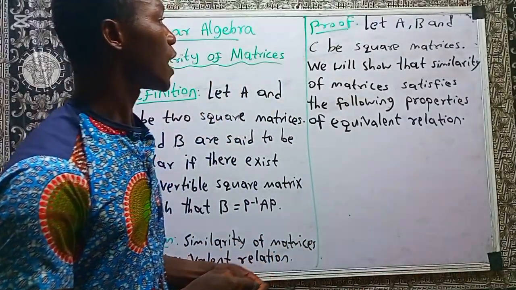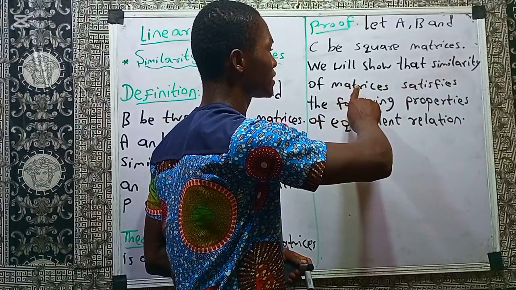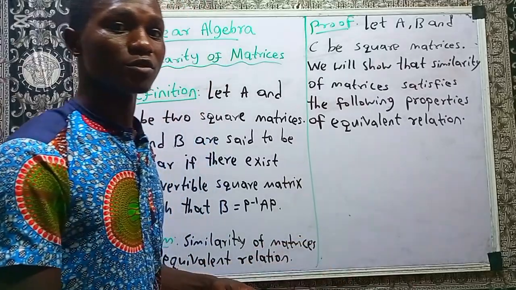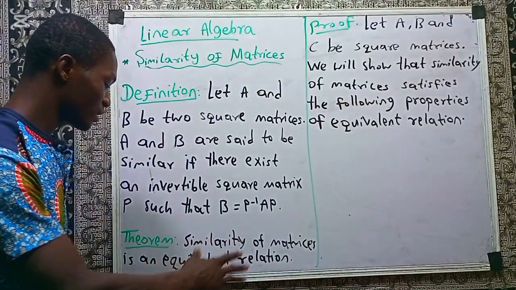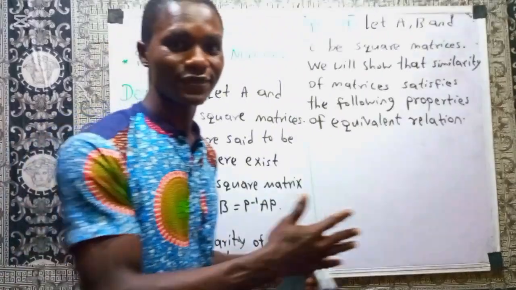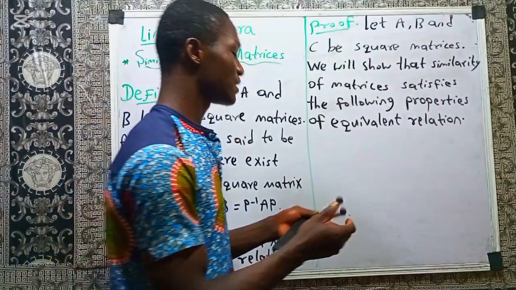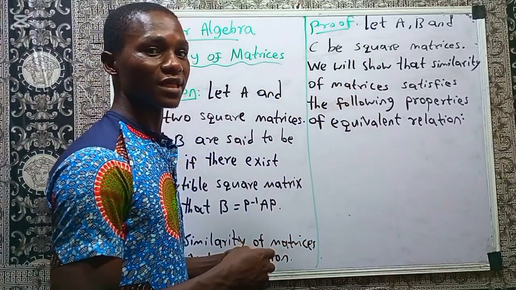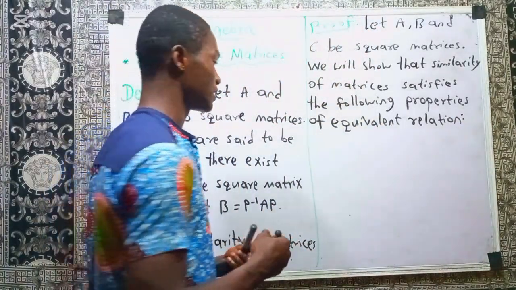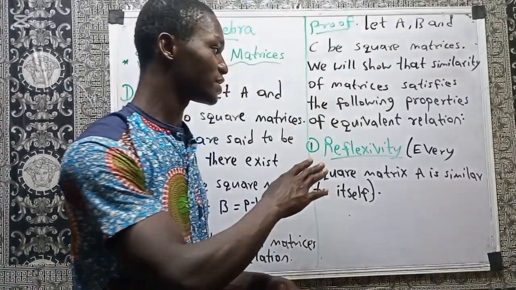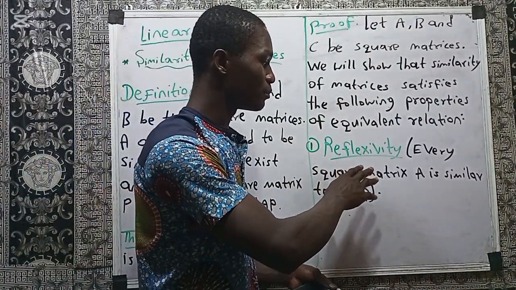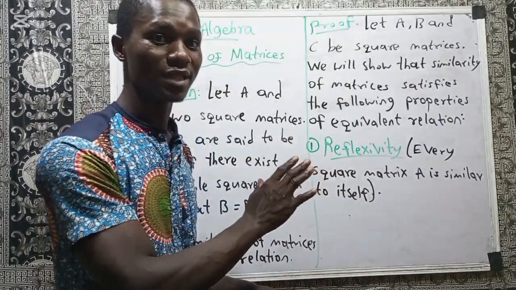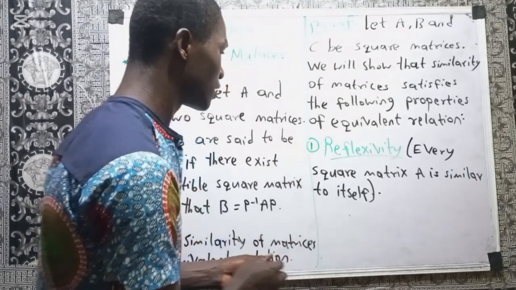So let's list those properties of equivalent relation, and each of them will show that similarity of matrices satisfies those properties. So the first property, which is reflexivity, is that every square matrix is similar to itself. We need to prove that this property holds. So let's do that.